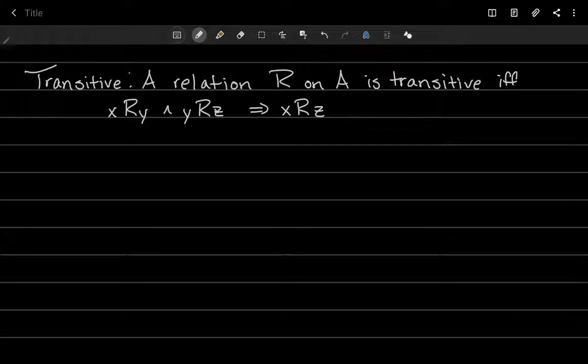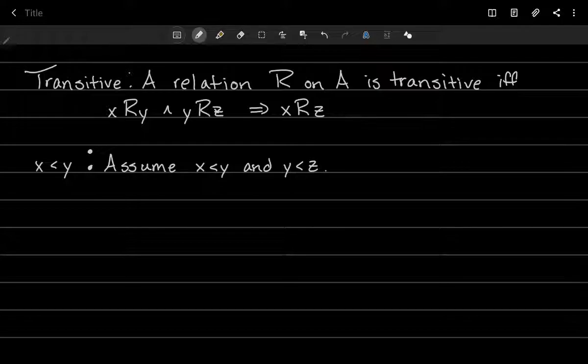I'm going to jump to the most obvious one for this, then we'll go back. I'm going to do the examples a little out of order, because the best and easiest example of transitivity to see is less than. So we're going to jump to x less than y. We're going to check for transitivity. I need to assume x is less than y and y is less than z.